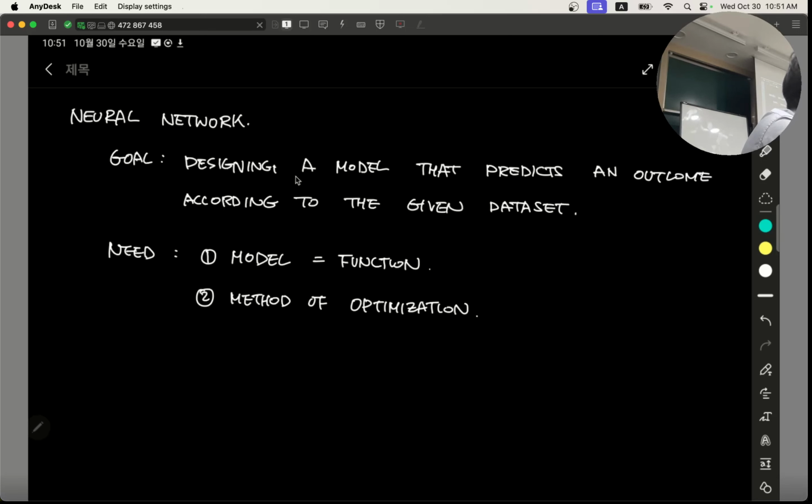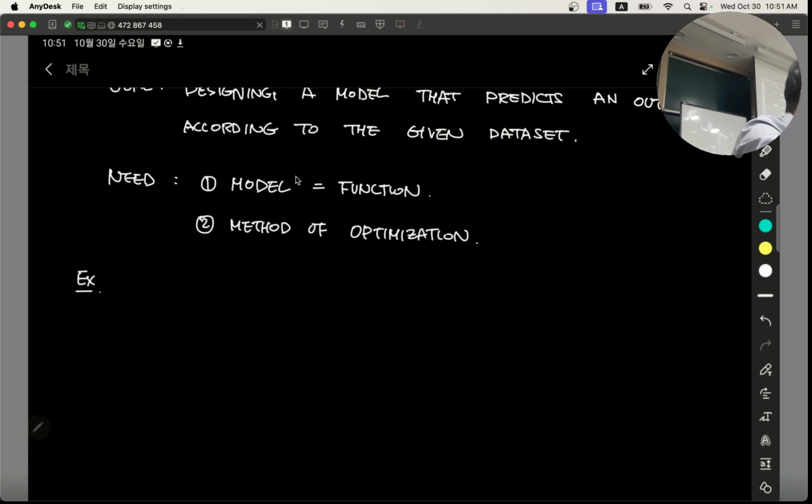For example, if you're dealing with a function whose coefficients are not tuned yet, then the coefficients of your function are something you have to optimize to get a better output. So here's the example, not the neural network example, the basic example of these two schemes: you have a model, and you have a method of optimization to find out what you want.